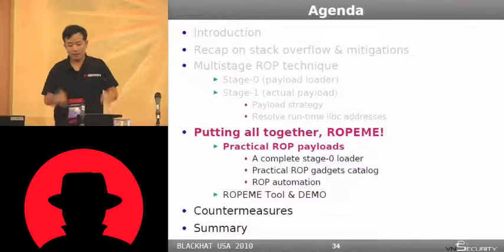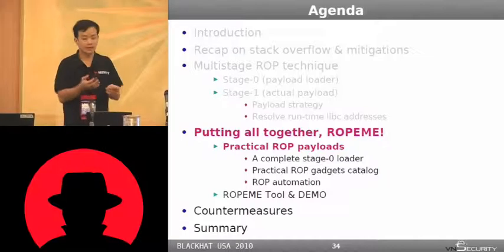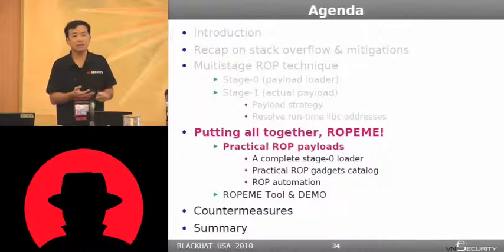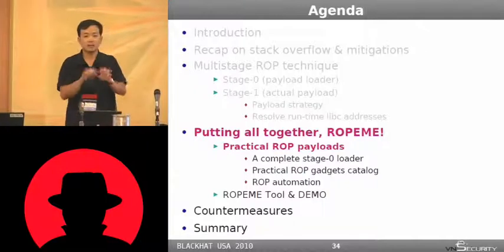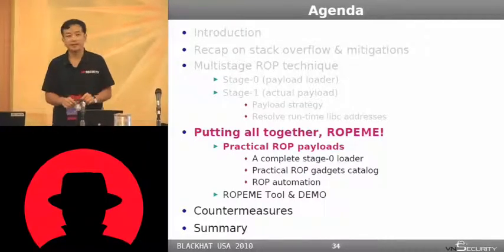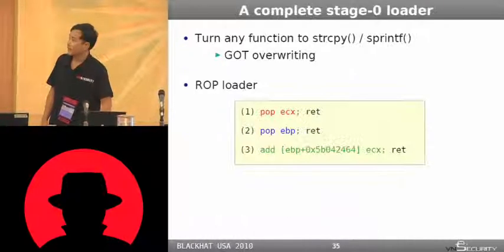Okay, now we have covered the theory. We have the fake stack. We have the payload loader. And we know how to resolve the runtime address. Now, let's put it all together.